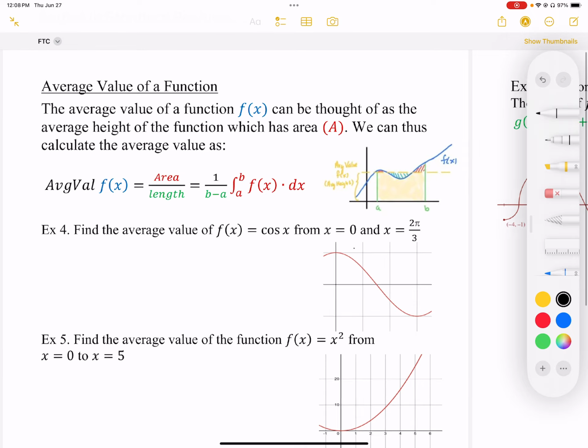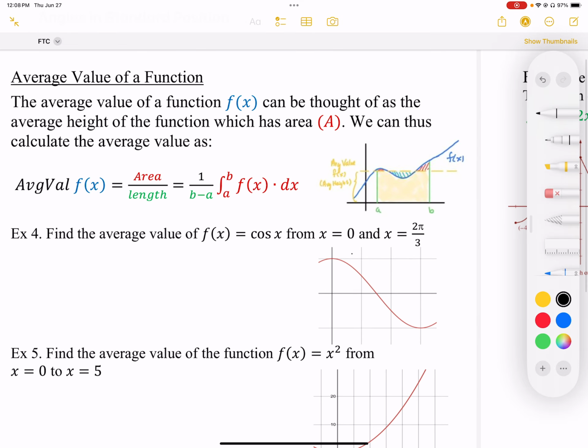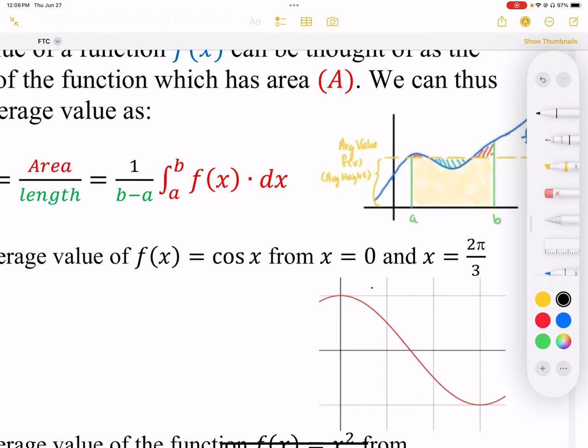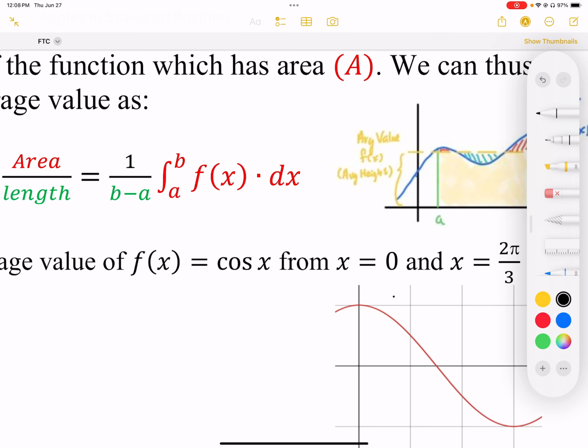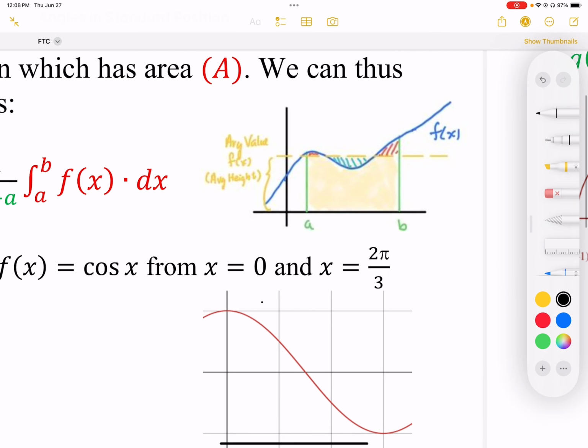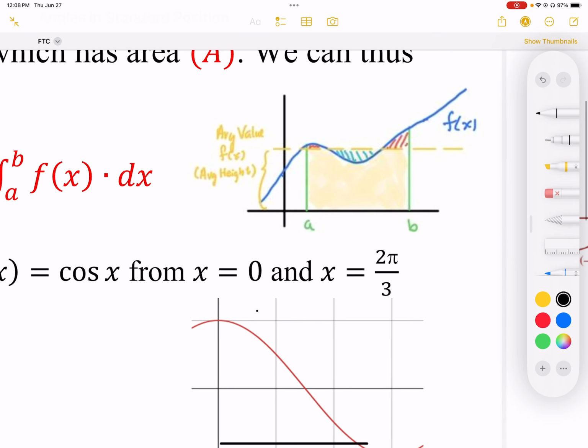We do have a formula to calculate this average value or average height, and it's based on the area from a to b under f of x. If we take the area from a to b under the graph of f of x and divide it by the interval from a to b, or b minus a, the length, we end up with the height of that rectangle.